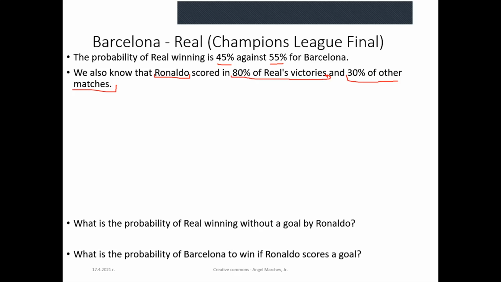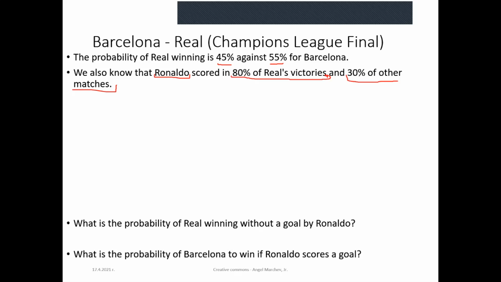So we know that Ronaldo scored in 80% of the victories. Yes, 80% of the victories of Real. From all victories, Ronaldo. Okay, and what else is 30% about? So Real Madrid has played, let's say, 50 games this season. Out of these 50 games, they have won 40 games.